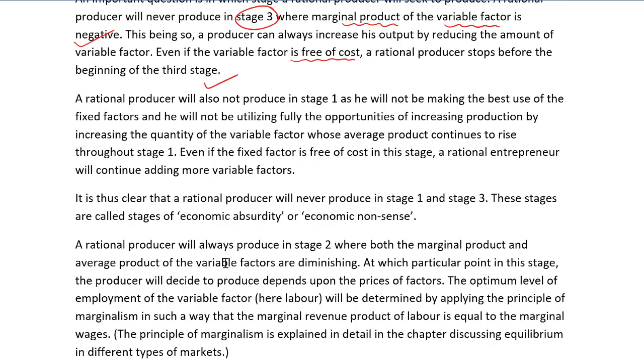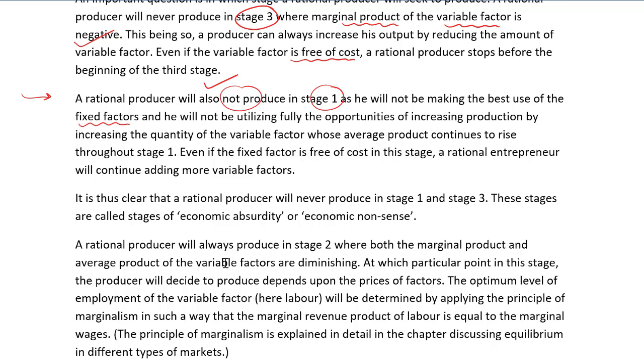Okay, let us think about stage 1. A rational producer will also not produce in stage 1. Why? Because he will not be making the best use of the fixed factor, because the optimum combination between the fixed factor and variable factor is not achieved in stage 1.